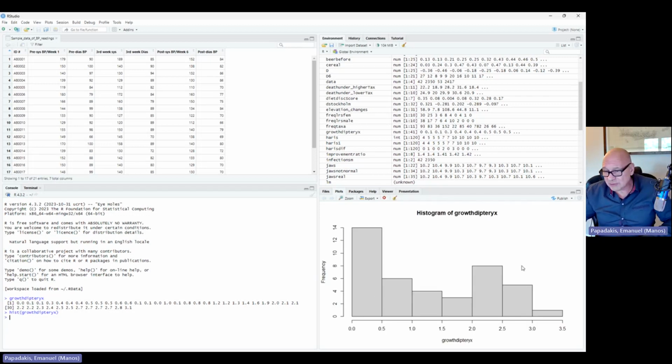And when you look at the histogram, too bad. You see here, you have skewness and entire lack of symmetry. This histogram is telling you that these data do not come from a normally distributed random variable.